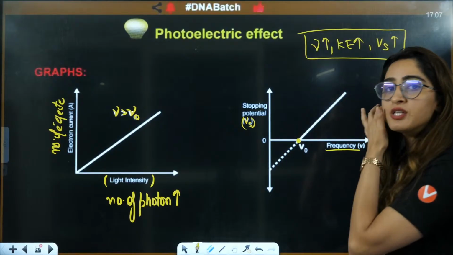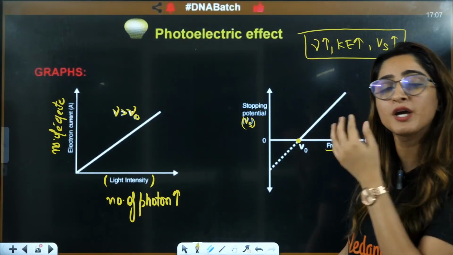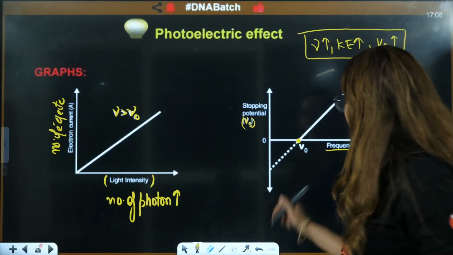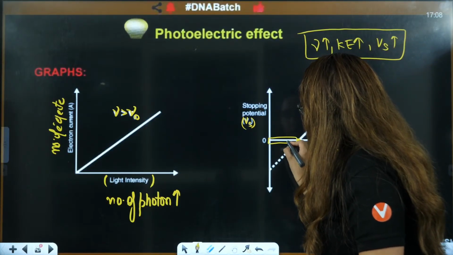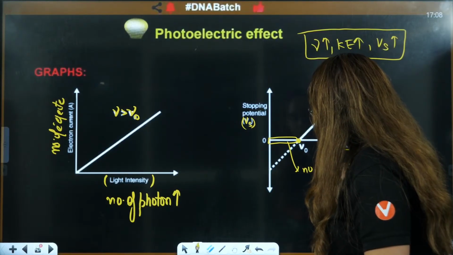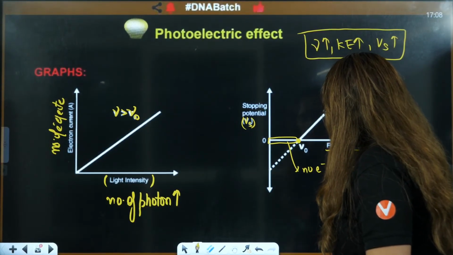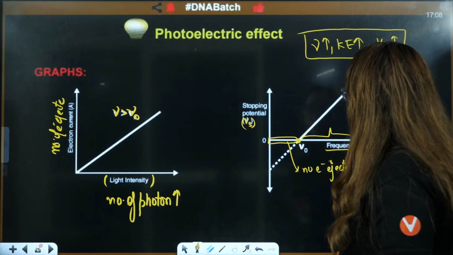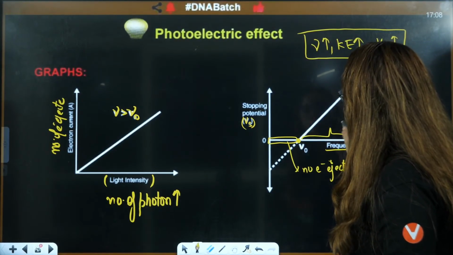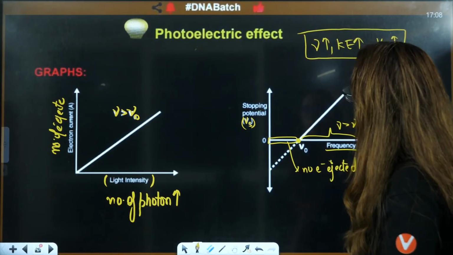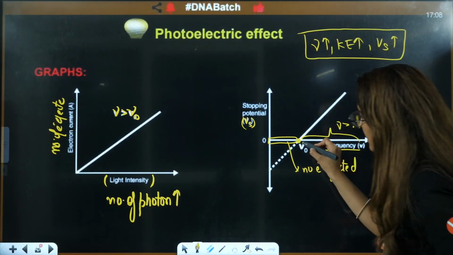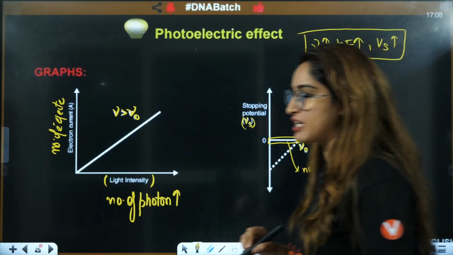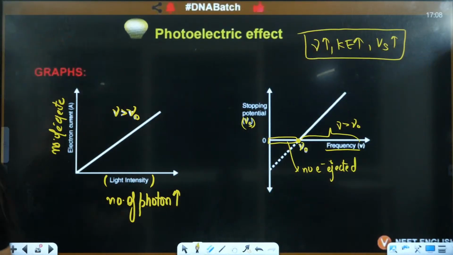Before mu naught there is no stopping potential, because in this region no electron is ejected. Your mu should be greater than mu naught. That's why only after mu naught you will see the stopping potential increase. Okay?